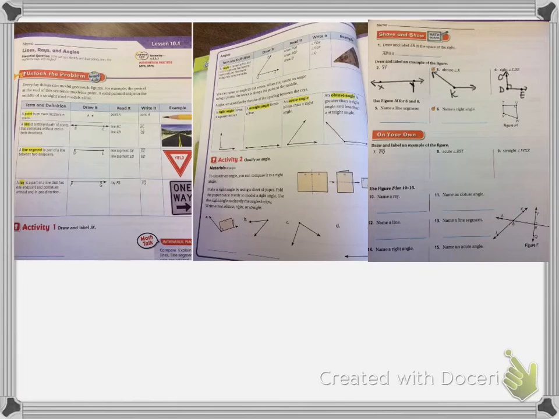Now, your next task will be to name a line segment, and we're going to use this picture over here to help us out. Okay, we're looking for a line segment, which means it should have a point on both ends.